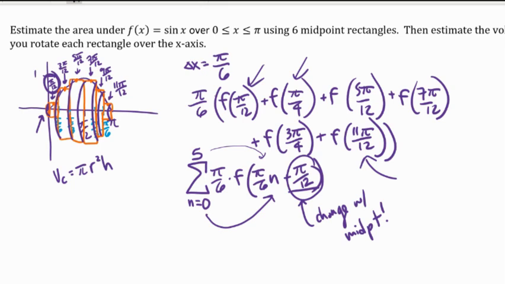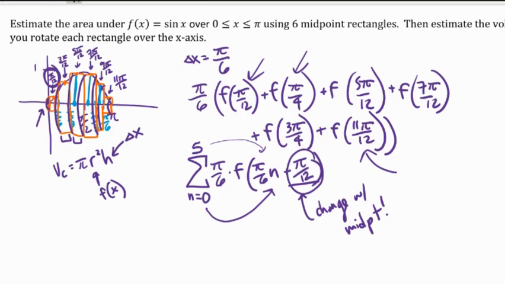Our height is going to be our delta x, because that's the width of each rectangle. And when you rotate that around, that becomes the height of the cylinder. But the radius is what changes, right? The radius starts at the x-axis and then goes up to that point. So how do you find the radius? Well, that's the f of x part. The radius is the f of x part.